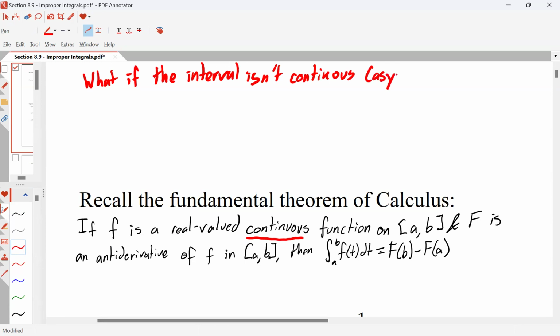Specifically, there is an asymptote. And what if our interval isn't closed, but is instead an infinite interval?